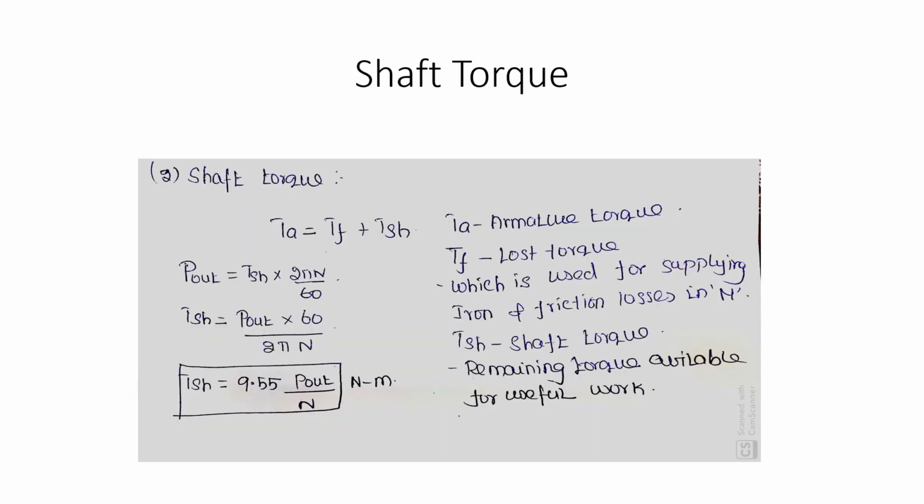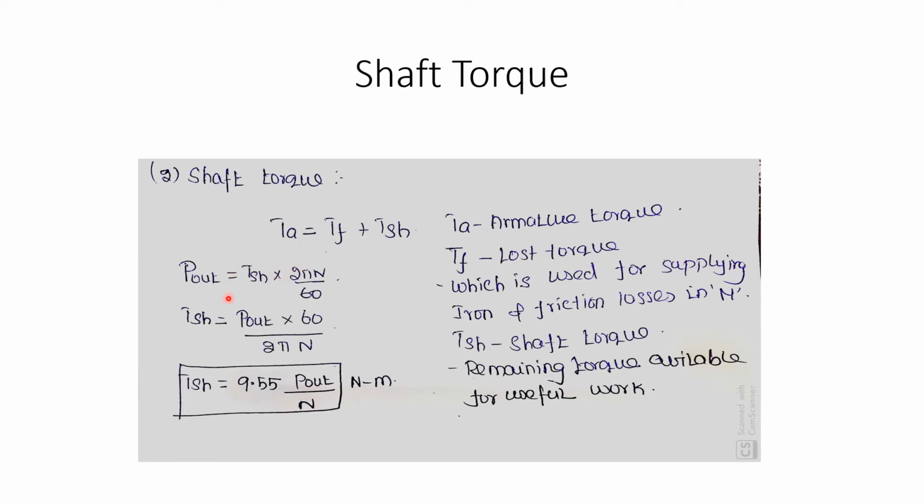Shaft torque. So what is shaft torque? What is the actual torque and what does shaft torque mean? Here the armature torque is equivalent to TF plus TSH. This TSH is nothing but the torque available for useful work. This TF is the lost torque, that is due to the iron and friction losses. So lost torque plus useful work is equivalent to total armature torque.